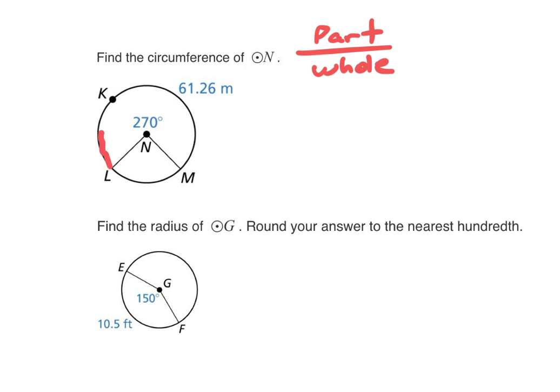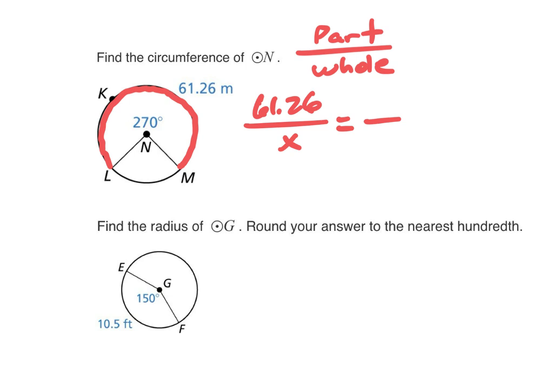61.26 is part of the circle, right? It's only a portion of the circle. The full circle, the full circumference is what we're trying to find. So 61.26 over x equals, okay, 61.26 is the length of this arc right here.